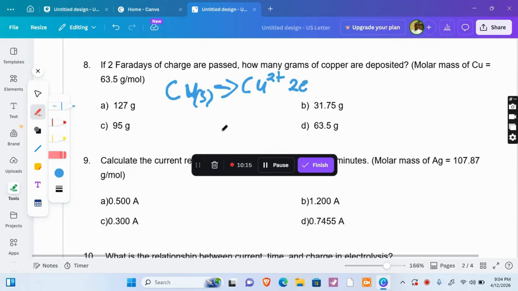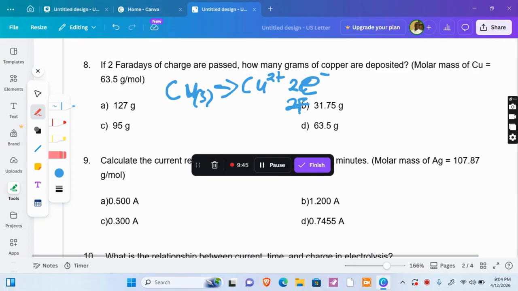Now, it therefore means, and I told you before, that this electron here means farads. So on a normal state, 1 mole of copper will produce 2 moles of electrons. And this 2 moles simply means 2 farads.